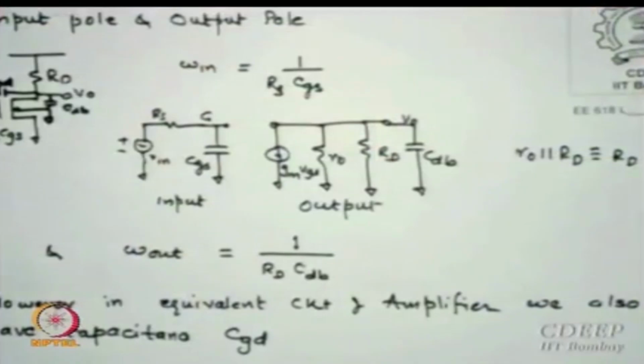However, if there is a CGD available, then is that okay? 3 capacitances. Of course, there is a CSB also possible, but that is lumped with CGS.